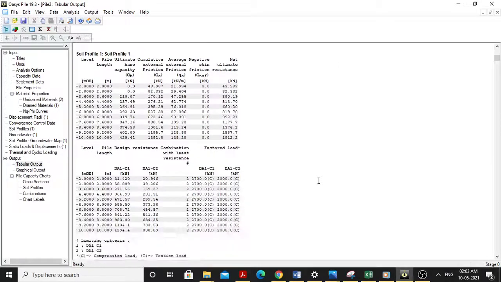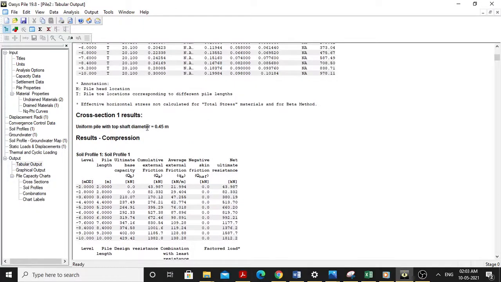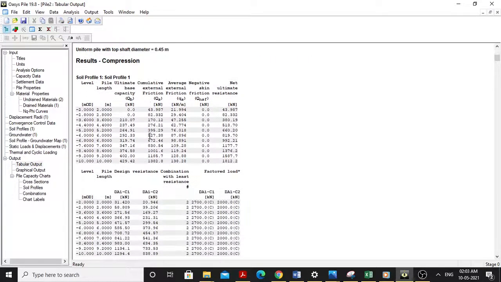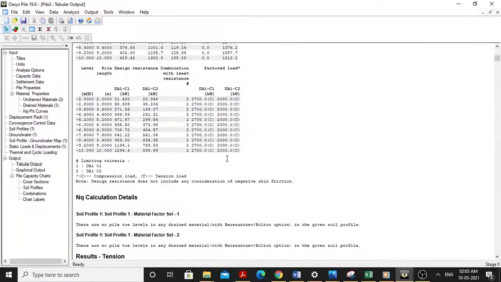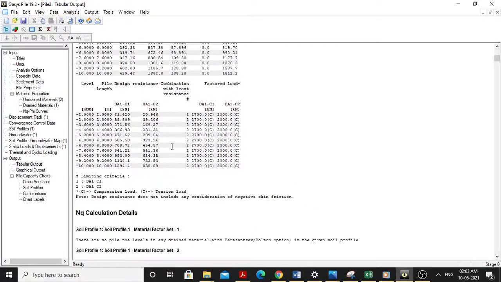So the important point is the compression result: see here 838 at 10 meter. When you want the pile capacity curve with depth, as the depth increases, the capacity also increases. That is the pile capacity curve that I have attached.